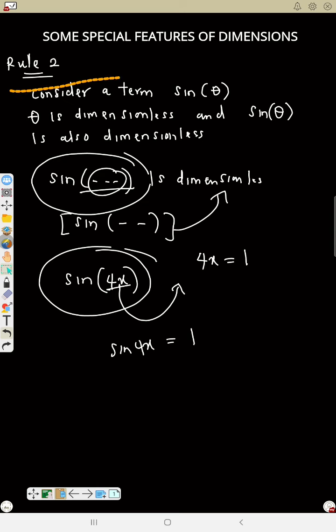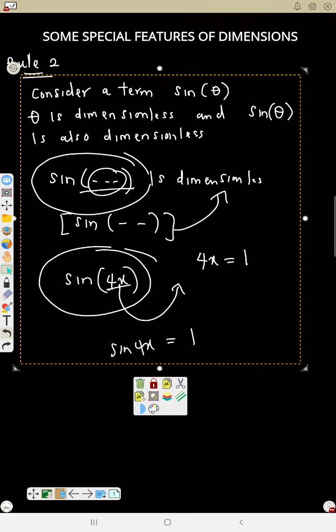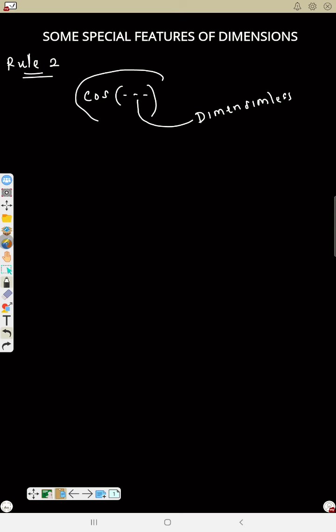Now the same thing is applicable to cos and tan. Meaning if I have cos, anything that follows cos, everything inside, is dimensionless, and the whole cos is also dimensionless.